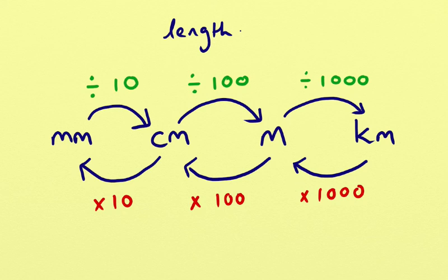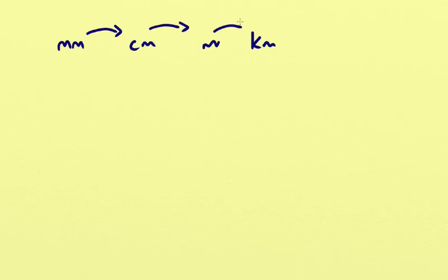So let's do an example. Let's draw the diagram out quickly, and I'll show you how quickly we can draw this out. We've got millimetres, centimetres, metres and kilometres, getting slightly bigger at each stage, with an arrow between each one, backwards and forwards.